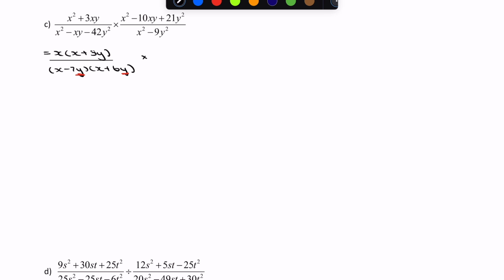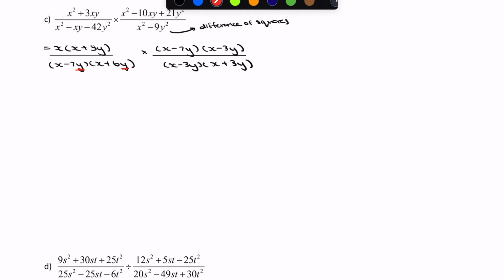Again, here, x squared minus 10xy plus 21y squared. So here we'll get x minus 7y, x minus 3y. And then here, this is a difference of squares at the bottom. So that's going to give us x minus 3y, x plus 3y.